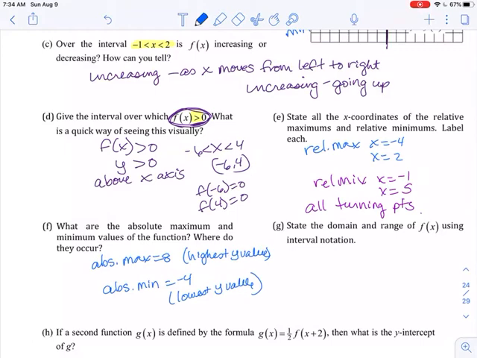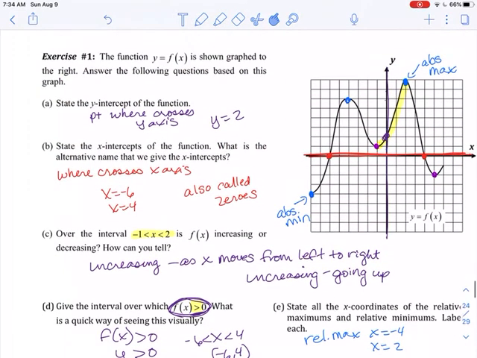I want to state the domain and range of f of x using interval notation. My domain are my x's, so I'm going to look from left to right, right? So my domain goes left, right. My range are my y's, that goes up, down. So let's peek at the graph. All right, so my furthermost left x value is right here.